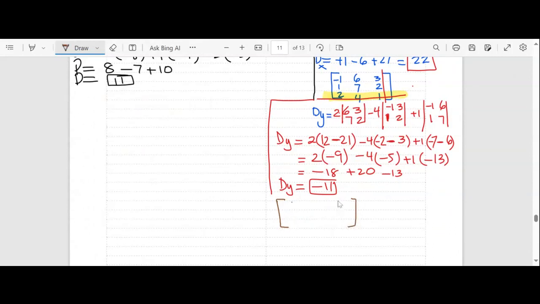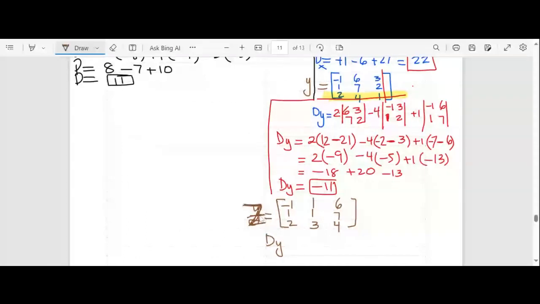You're gonna replace here by the constant, right? 1, 1, 3. So to get the determinant for z, this is a Z matrix. And this one, DZ.